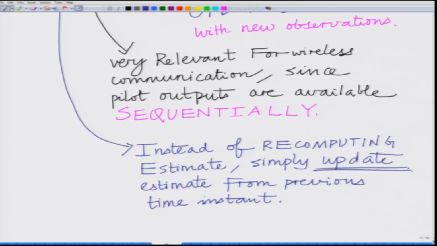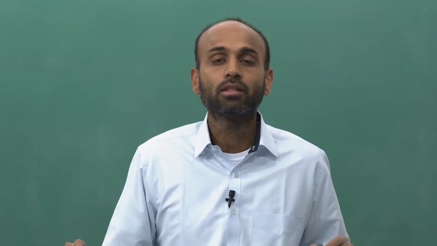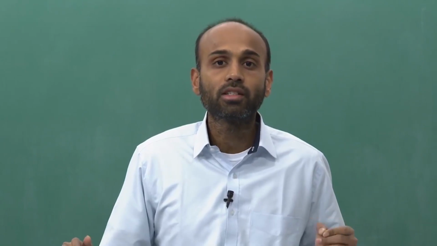To understand this, let us go back to our example, to illustrate this with the help of an estimation scenario that we have already considered. Let us go back to our channel estimation, where we are estimating the fading wireless channel coefficient.